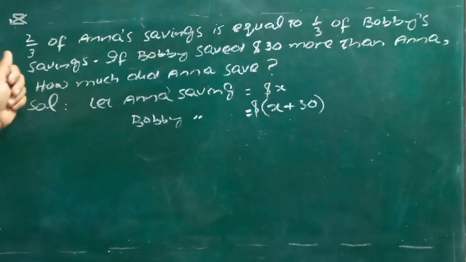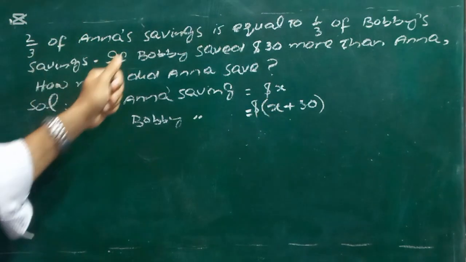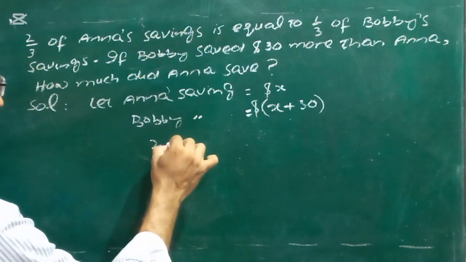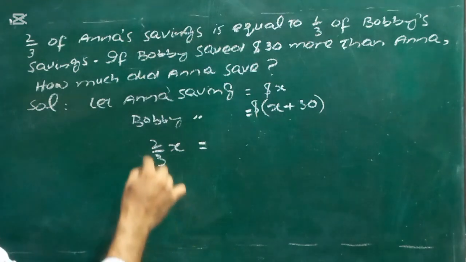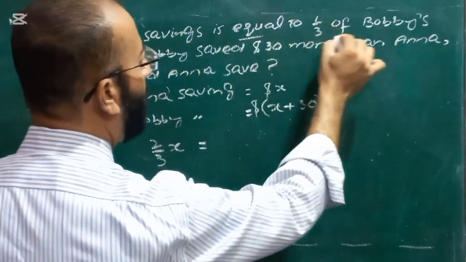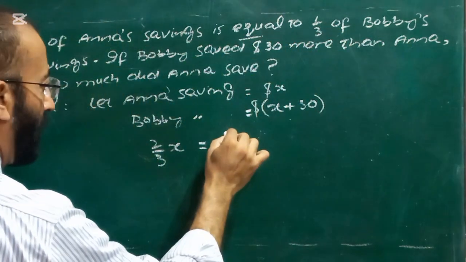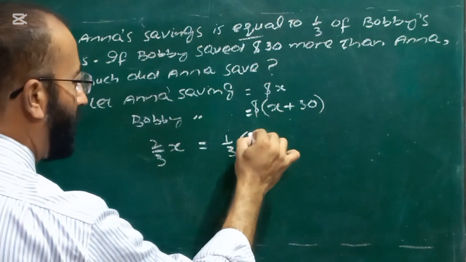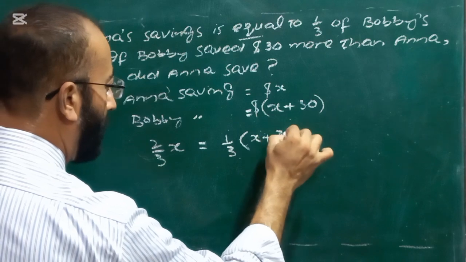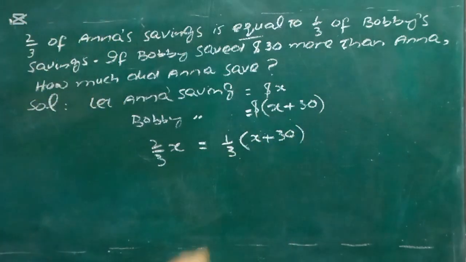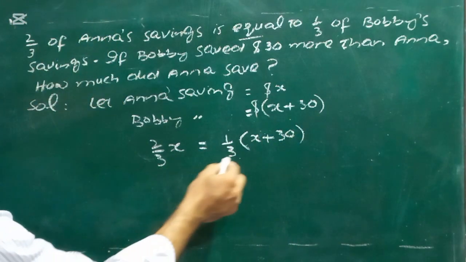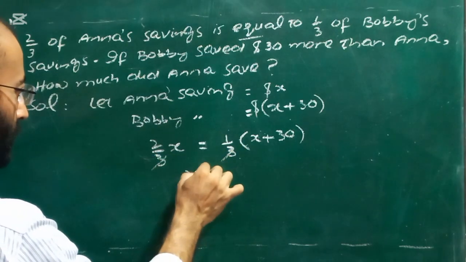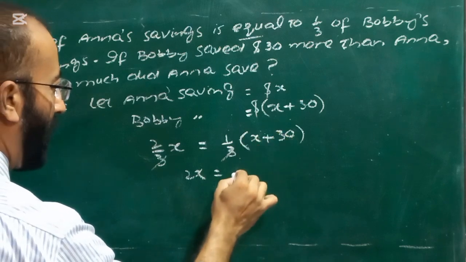So now again come to the statement: 2 by 3 of Anna's savings is equal to 1 by 3 of Bobby's savings. Bobby's savings is X plus 30. So just solve this equation, you will get the answer. 3 will be cancelled on both sides. So 2x is equal to 1 will be multiplied inside the bracket.